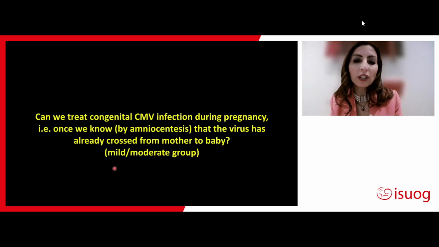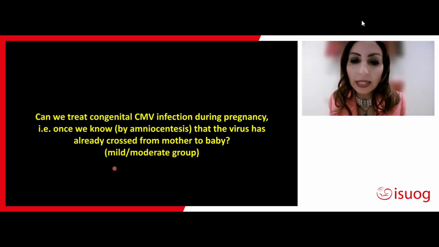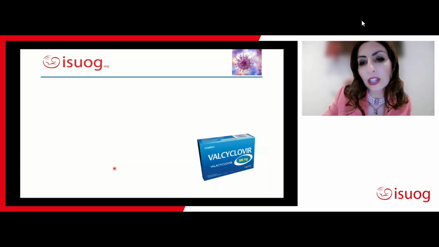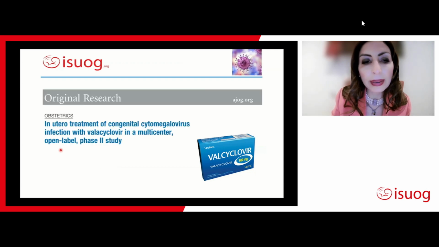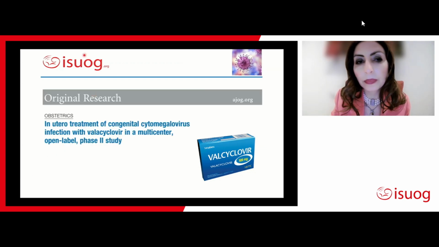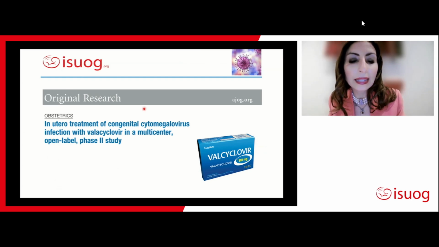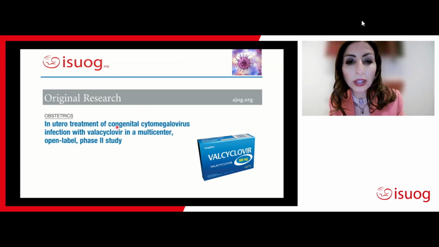So can we actually treat these cases? We have a confirmed diagnosis of congenital CMV infection, you've done amniocentesis, and the group is mild or moderate. Can we actually offer treatment? This is the data on the use of valacyclovir in congenital CMV infection.